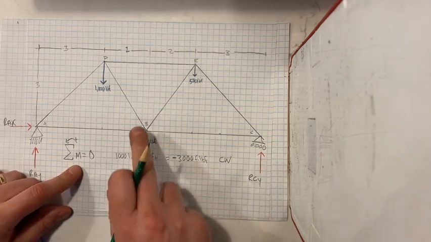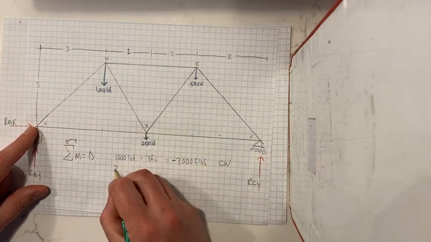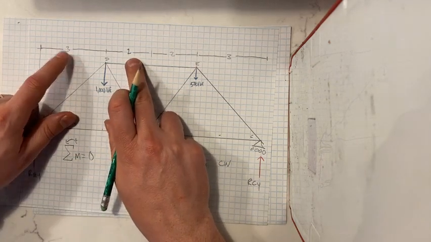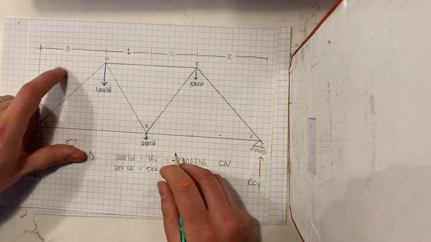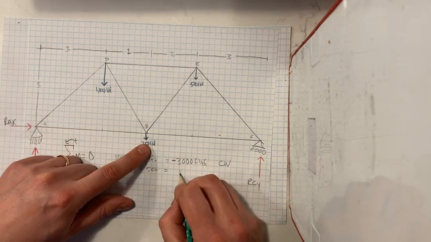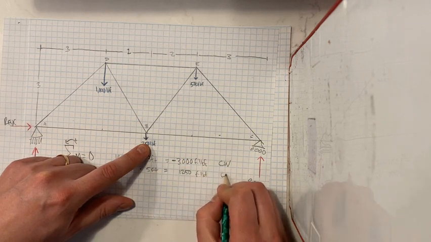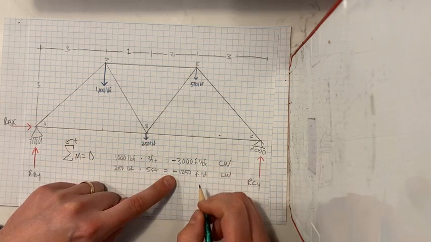Okay, my second one for B right here, that's 250 pounds of force times 2 plus 3 is 5 feet. And that's going to equal 1,250 feet times LBF, also clockwise, so that's going to make this also negative.